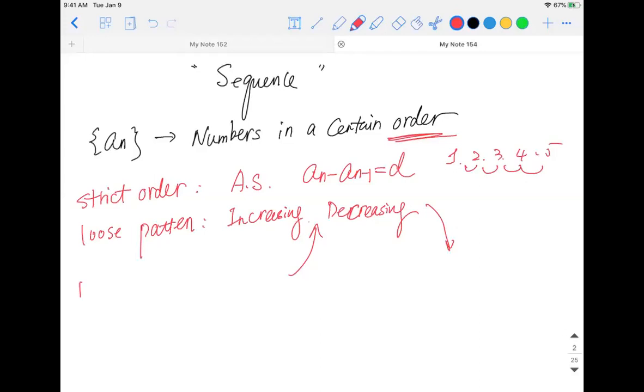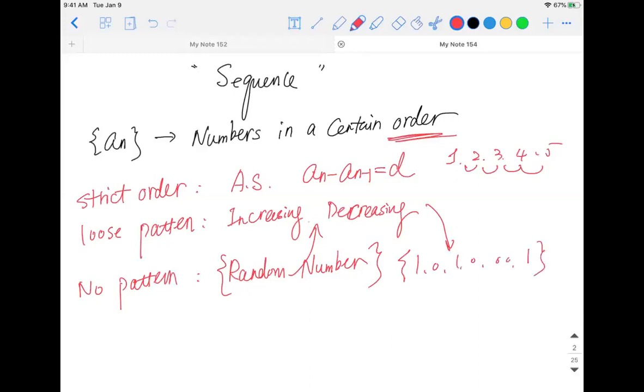Or we just have no pattern. Let's say I have a random number sequence, which is quite possible, right? Let's say I want you to toss a coin, and every time you get heads or tails. That one will be totally random. Of course, you have an expectation of 50% heads, 50% tails, but normally speaking, this is random. So a random sequence can also be considered a sequence.